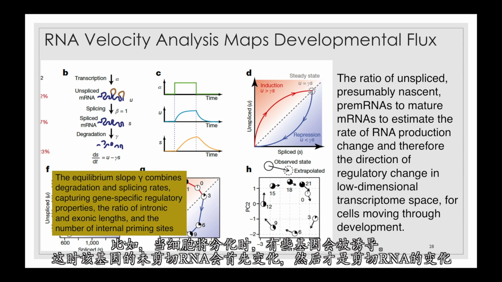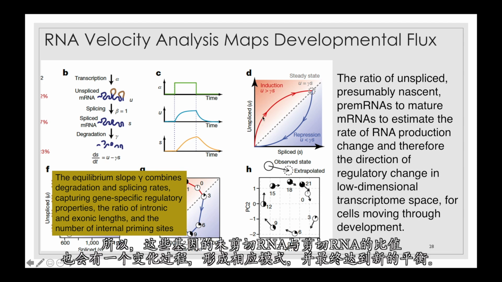Once the gene is induced, the unspliced mRNA transcript of this gene will increase first, and then the spliced mRNA transcript will increase thereafter. So the ratio of unspliced and spliced RNA will have a changing pattern, and after that reach a new steady state.